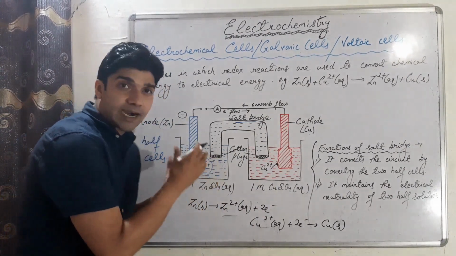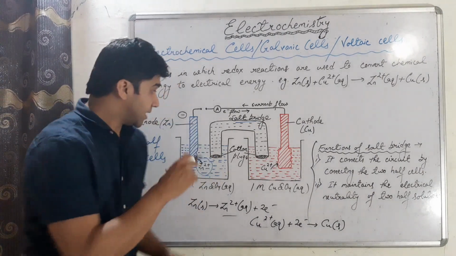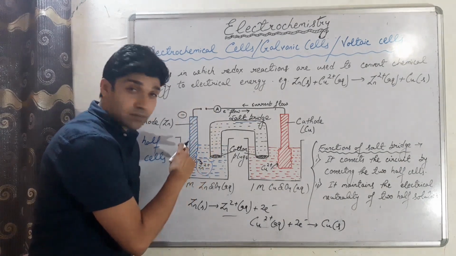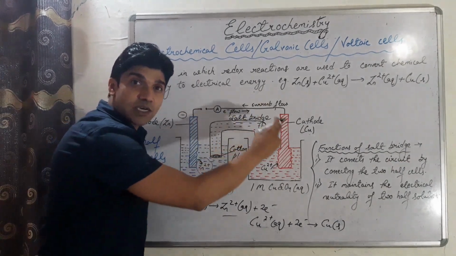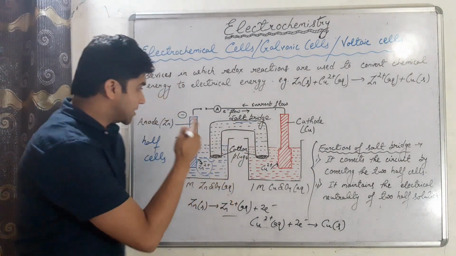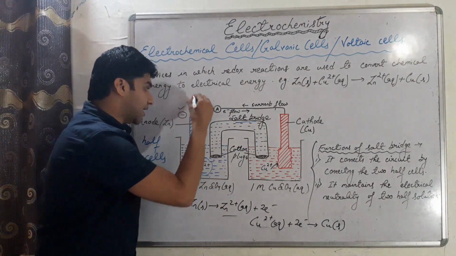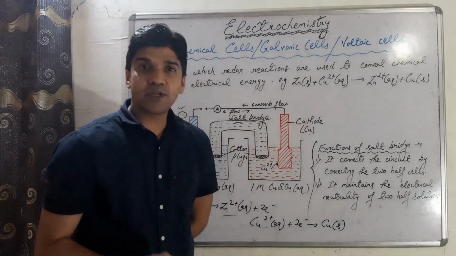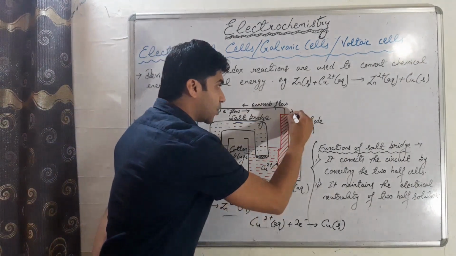So during these half cell reactions, electrons move through the external wire from the zinc rod toward the copper rod, and hence zinc is the negative terminal, and here the copper electrode acts as a positive terminal.